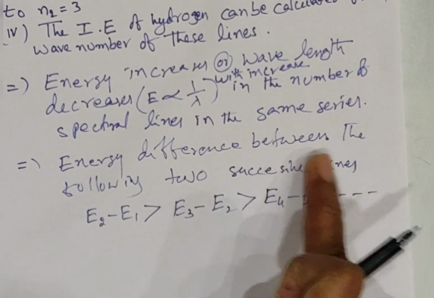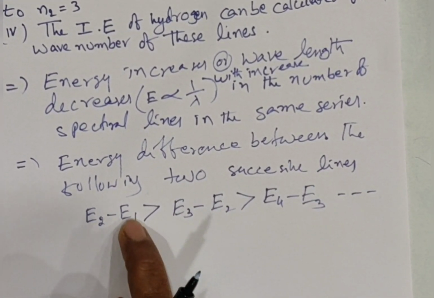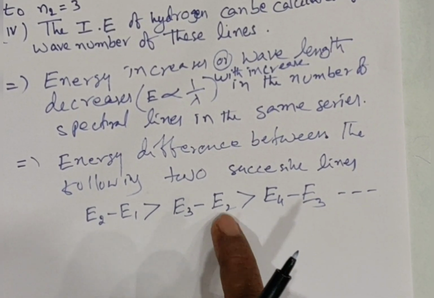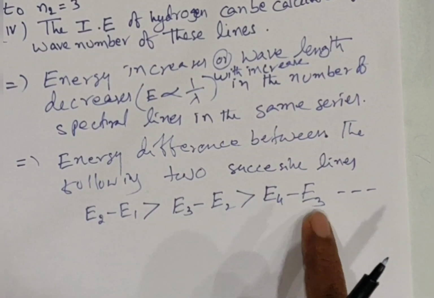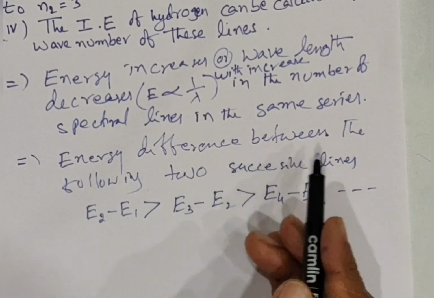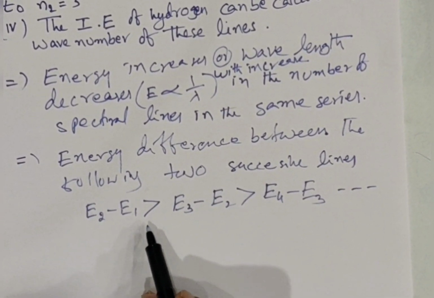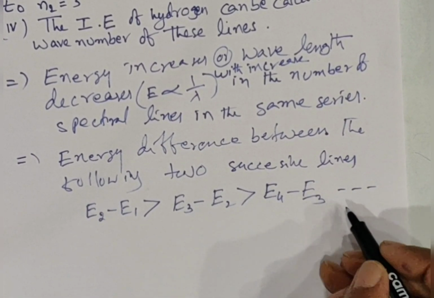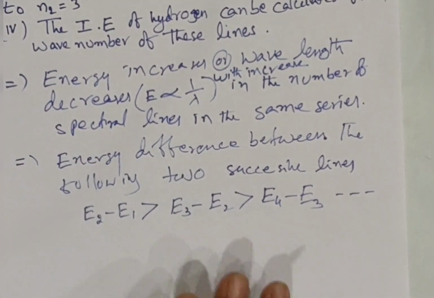The difference between the third and second, and the difference between the fourth and third, energy decreases. So the energy difference between successive lines, E2 minus E1, is always greater than E3 minus E2, greater than E4 minus E3. You have to remember these two important concepts.